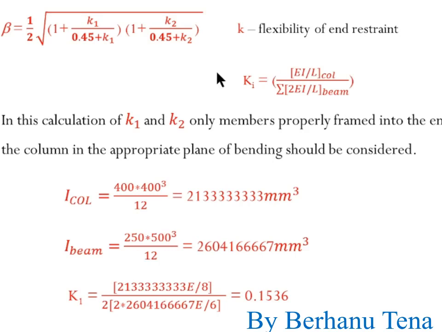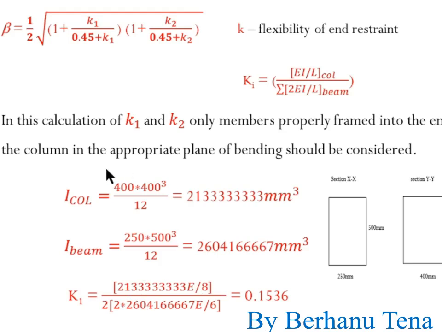Before we proceed with our calculation, let's first calculate the parameters in this k expression: the moment of inertia of our column, based on the given cross section of the column from the given frame, and the moment of inertia of the beam connected to that point, from the frame diagram.